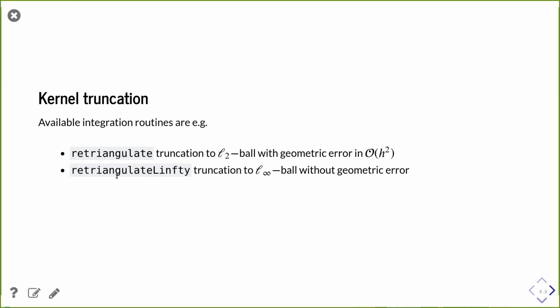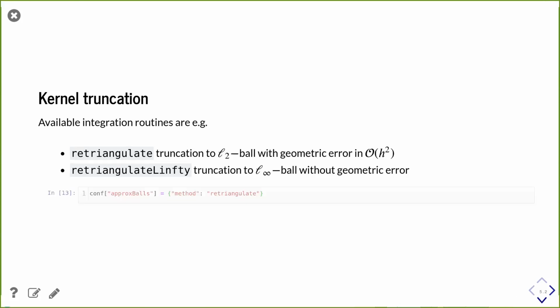If you set this to L infinity, then you get the truncation with respect to L infinity ball. However, you have to also be aware of the fact that that doesn't mean that the kernel matches the truncation. So if you have a constant kernel and you want to observe convergence to the local case, you have to choose the correct constant to match that truncation.